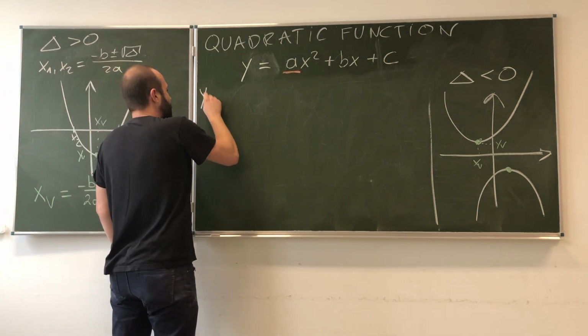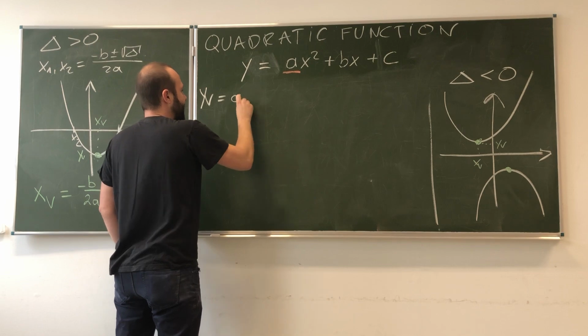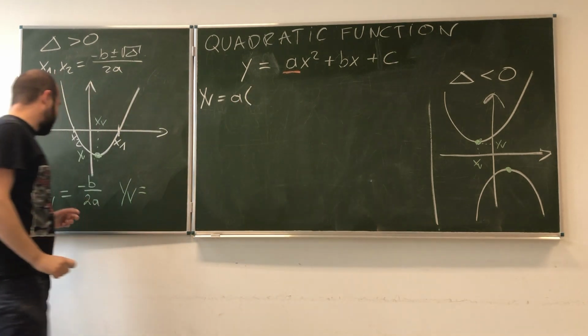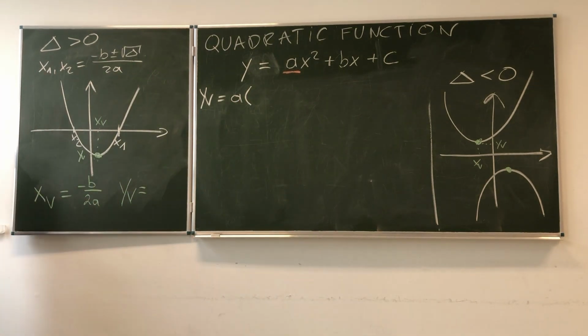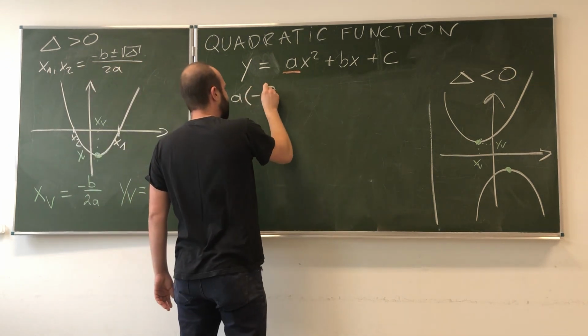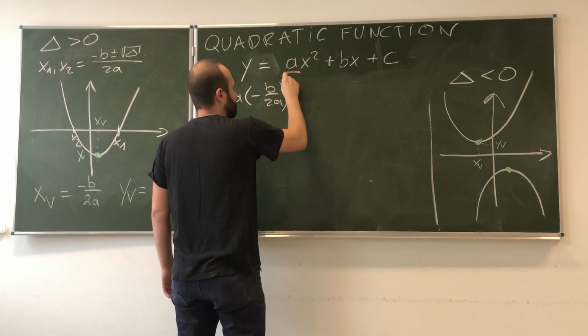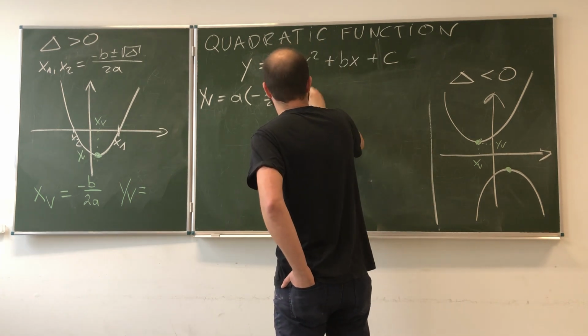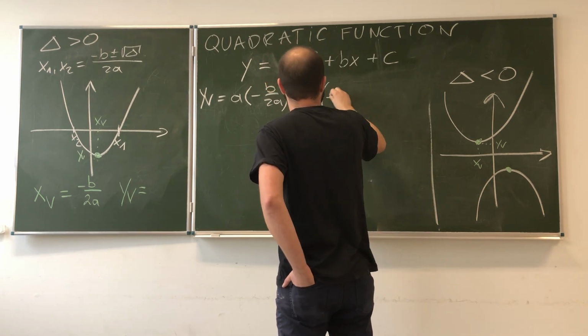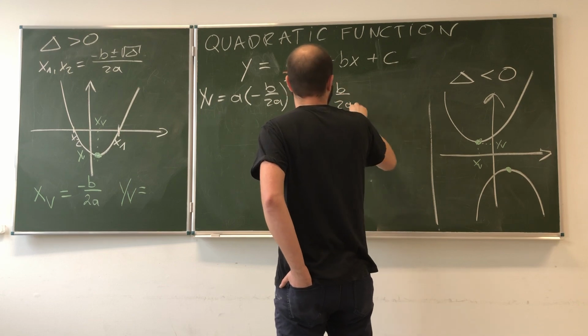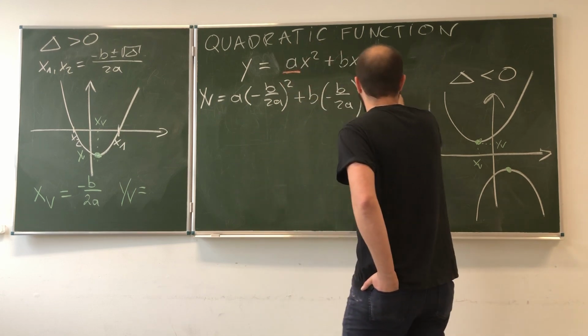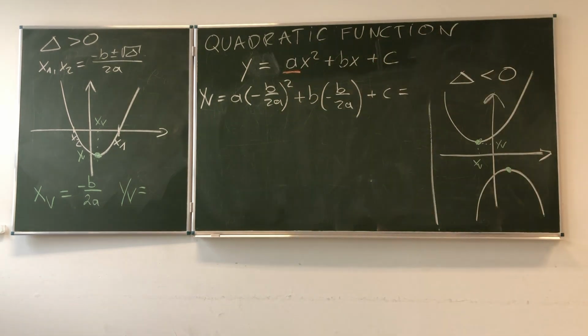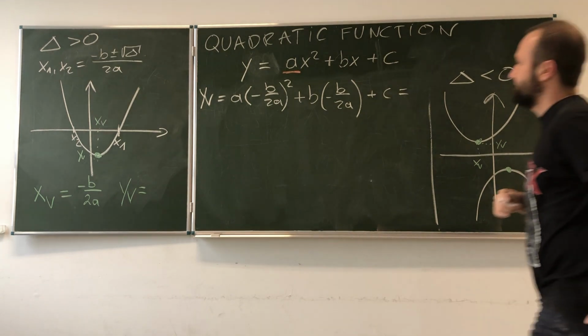So, in other words, y of vertex is simply a, and now look, instead of x, I'm plugging in negative b over 2a. Now, here we have a square, plus b times negative b over 2a, plus c. Okay, let's calculate it all out.